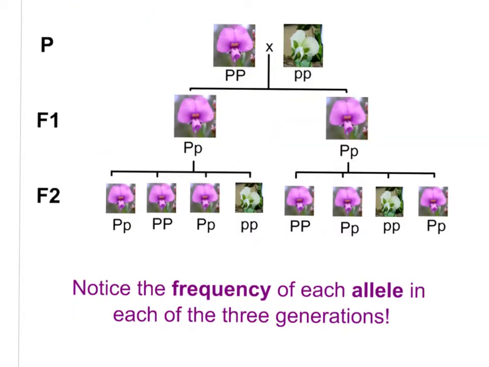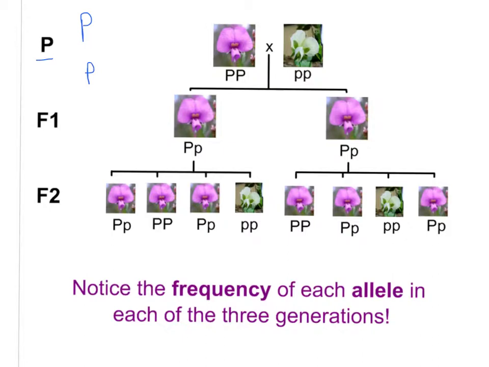So let's look at 3 generations of some flowers here. We're looking at the parental generation up here, the first generation and the second generation of offspring. Let's look at the frequency of the different alleles here. If we take this parental generation and look at the allele frequency for the capital P and the allele frequency for the lowercase p, those are going to be hard to differentiate, but we'll try.